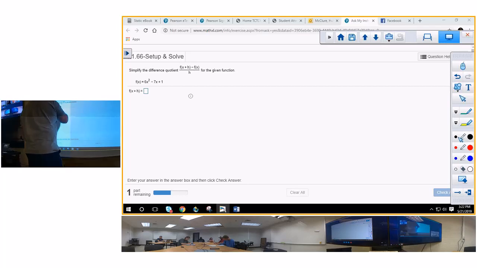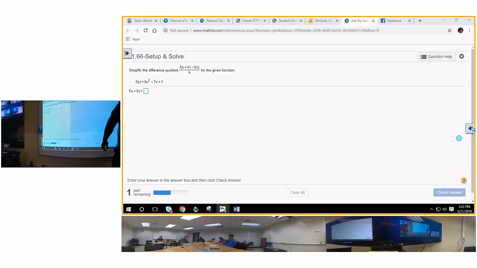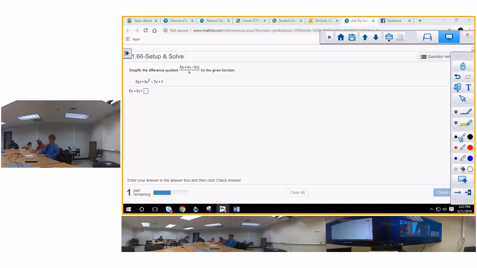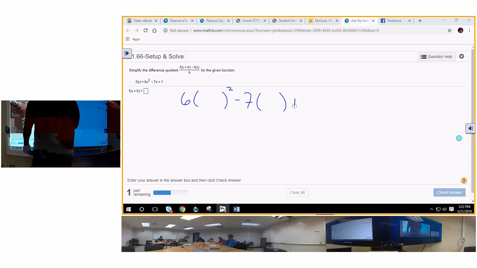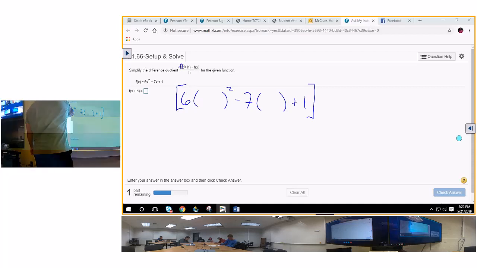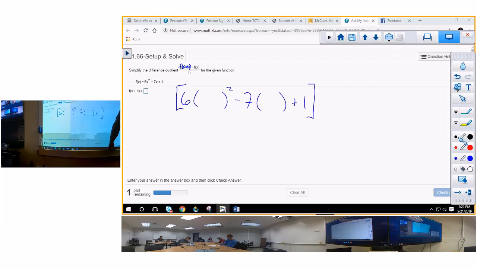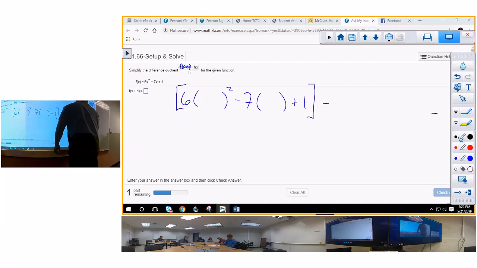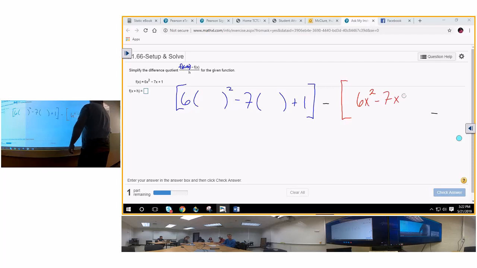I'm going to rewrite this right here in blue. That's going to give me 6 parentheses squared minus 7 times parentheses plus 1, and that's going to represent f of x plus h. And then I'm going to subtract, and in red I'm just going to rewrite f of x, and that's going to be 6x squared minus 7x plus 1.